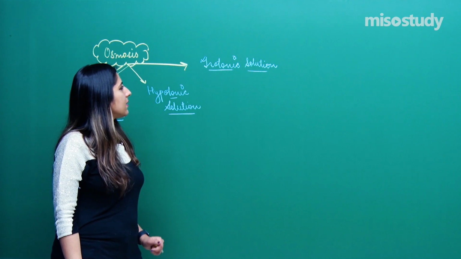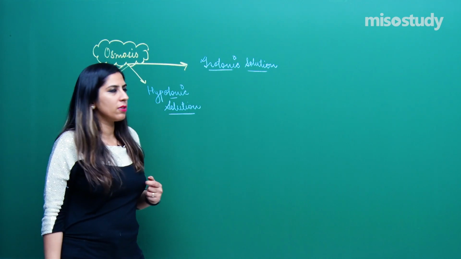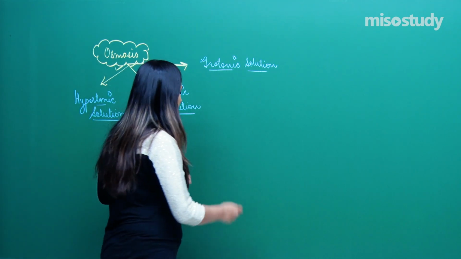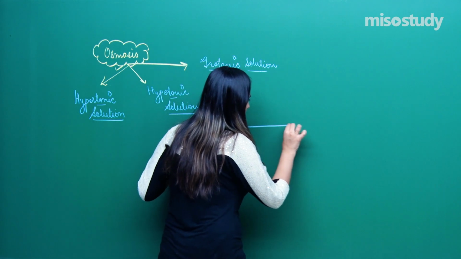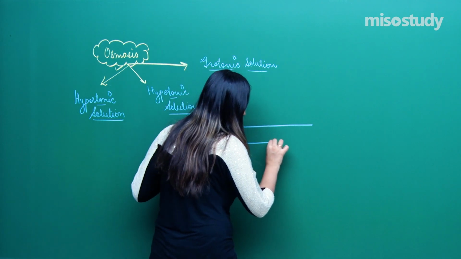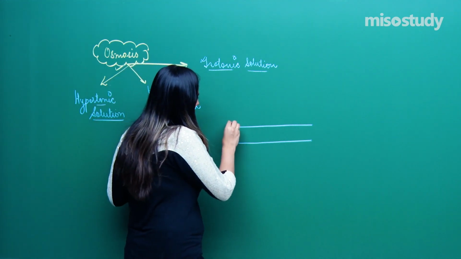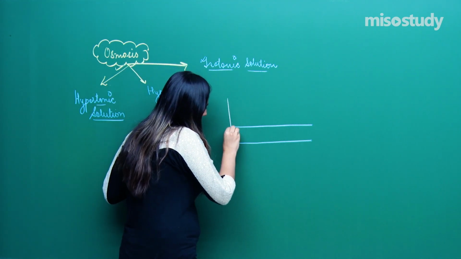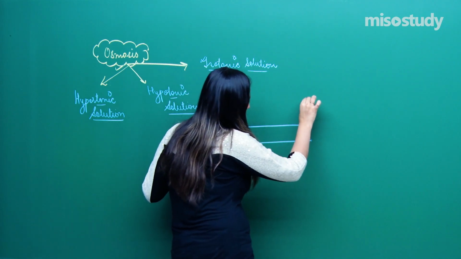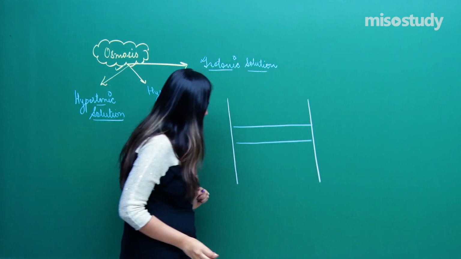Now, let's understand these different types of solution with the help of a diagram. Look at this side. Suppose I have a membrane like this, and this is how they are separated from one another.